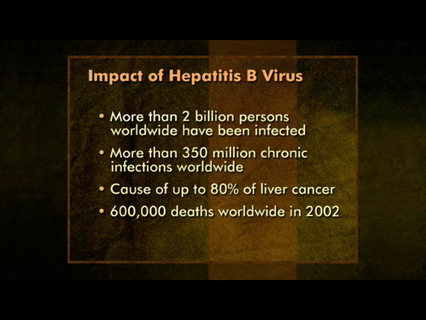The virus is an established cause of chronic hepatitis and cirrhosis and is estimated to be the cause of up to 80% of liver cancer. The World Health Organization estimated HBV was the direct or indirect cause of 600,000 deaths worldwide in 2002.